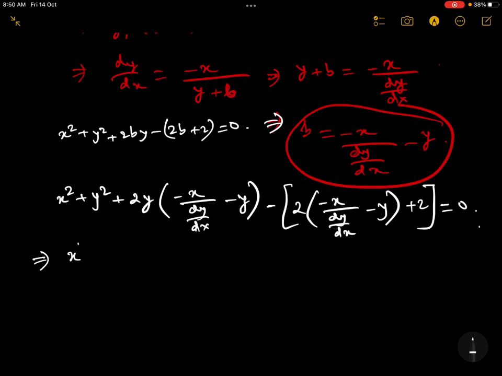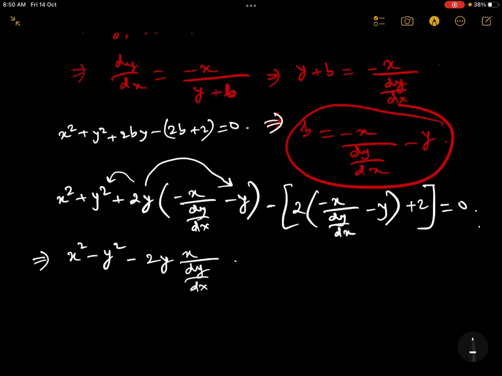Alright, I'm going to open the bracket, and let us first do this one. This will give minus y square, and this combined will give just minus y square, and this is minus 2y x dy by dx.